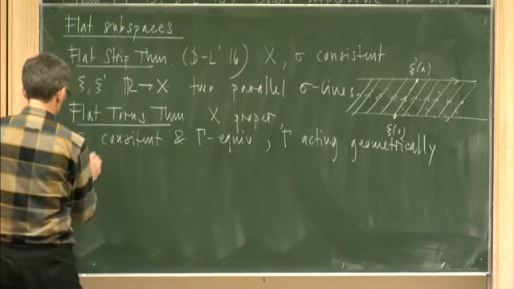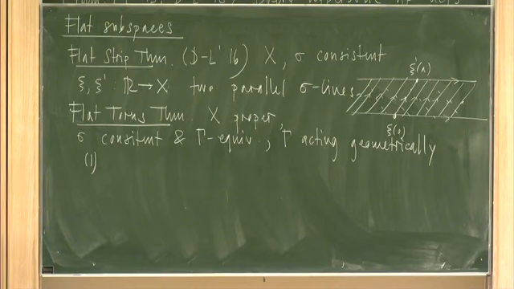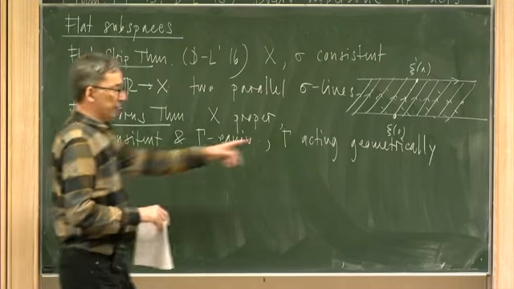Then the following holds. First, I told you that in general it's not true that every hyperbolic isometry has a sigma axis. Unfortunately, that is not true in general. But here it's true for the elements of that group.